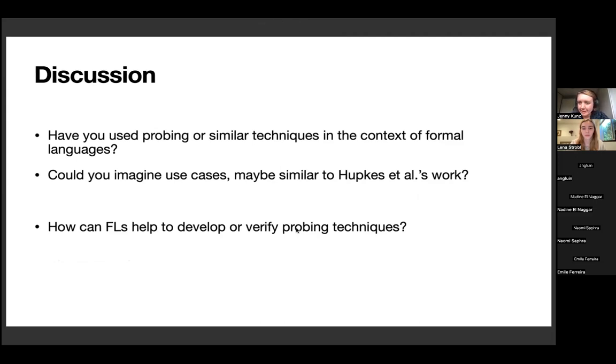I guess we will have a short discussion now, and I have put some questions in the slides here that I would be interested in discussing, like if you have used probing or similar techniques in the context of formal languages, and if you could imagine use cases, or if you see something in the other direction, like how formal languages can help to develop or verify probing techniques.